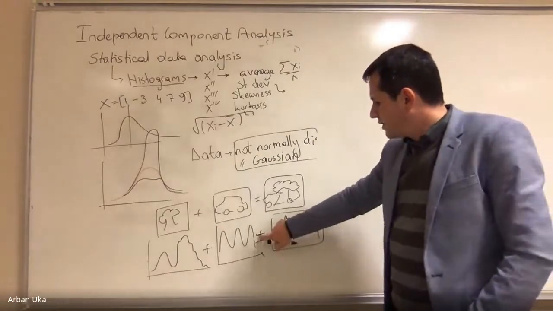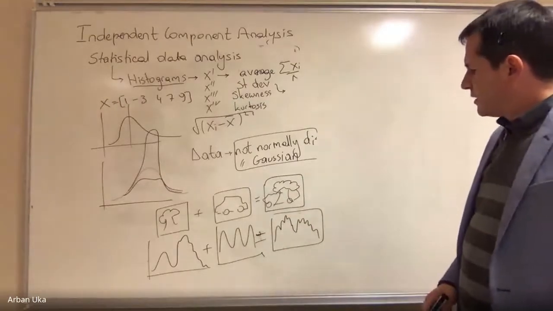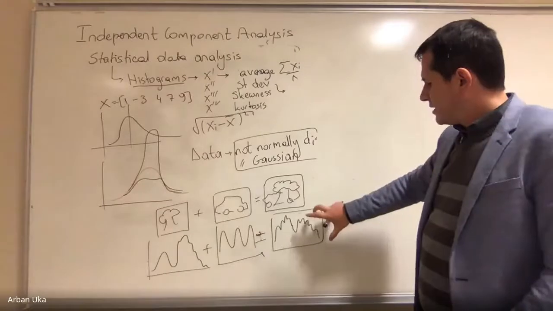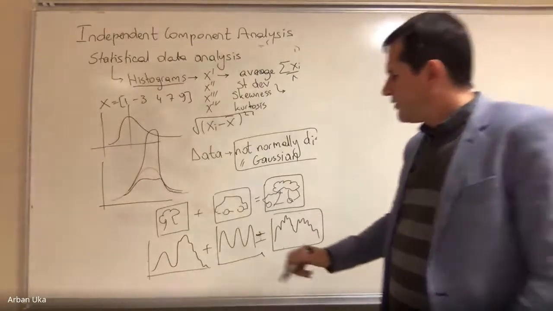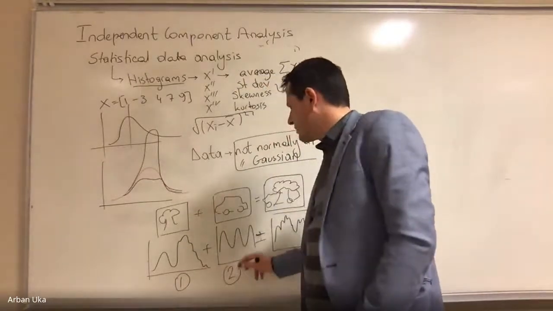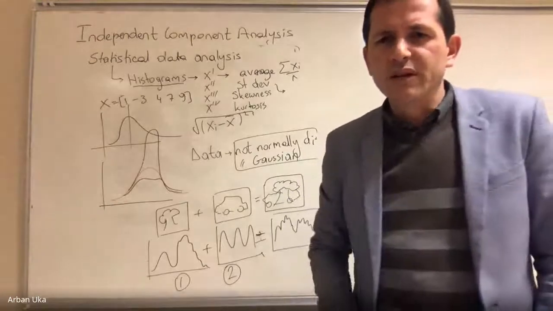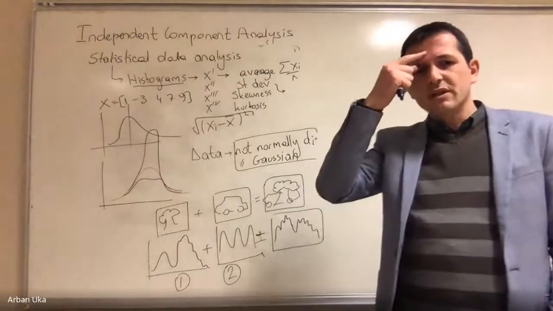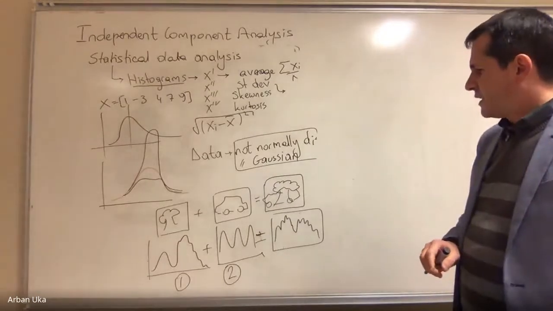So again, the problem is defined as before. To a user, we can give this graph, and the question will be: find for us what the first signal is and what the second signal is. In principle, this means trying to separate the signals gathered from this electrode and from this other electrode.